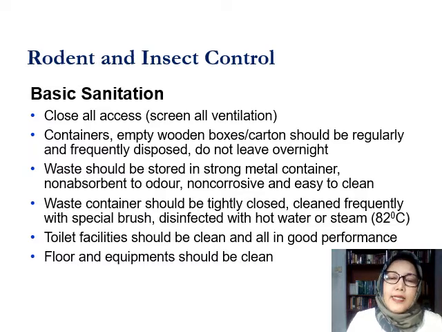Rodent and insect control in food industry is built with basic sanitation and then a permanent control and if necessary a supplementary control. Basic sanitation includes all activity that assure the cleanness of the food facilities, such as several activities you can see in this slide.